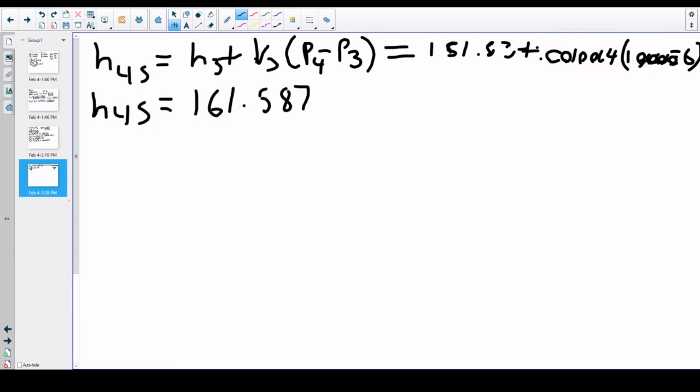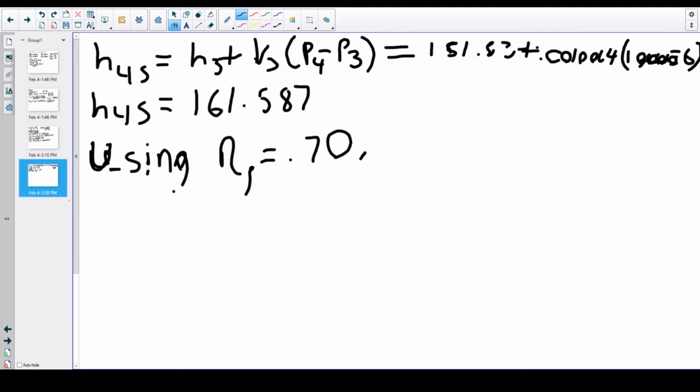And now we have to use a similar tactic to what we used to find the H2 for the turbine. We have to use the efficiency of the pump for this problem. Since we know the efficiency of the pump is 0.7, we can solve for our H4 value in the pump equation, since that is the only unknown.